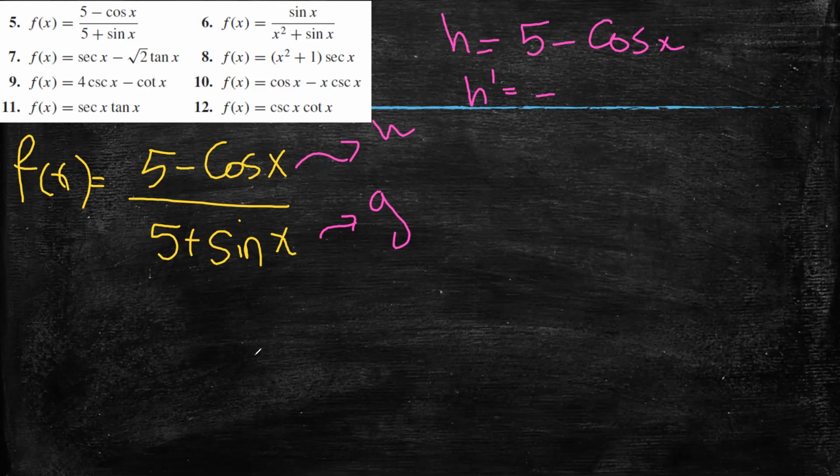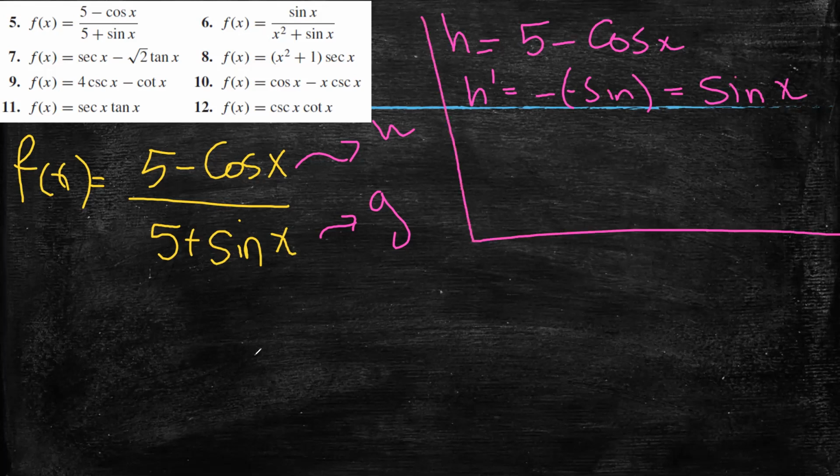Negative sine, thank you. So h prime now is sine x. Then now g is 5 plus sine x. So g prime is 0 plus cosine x. The derivative of sine is cosine.